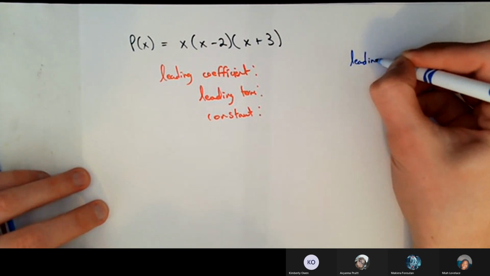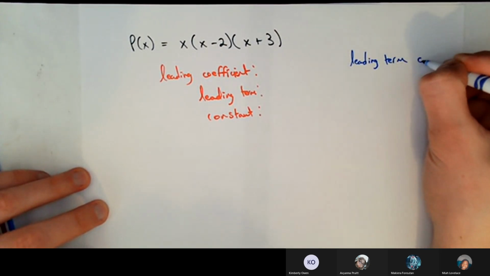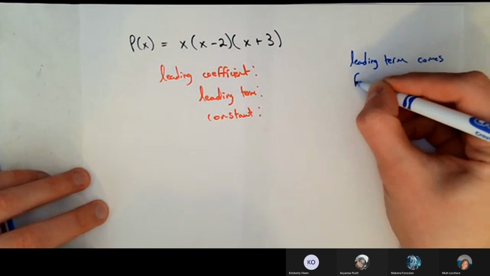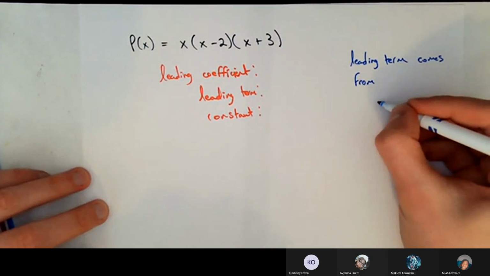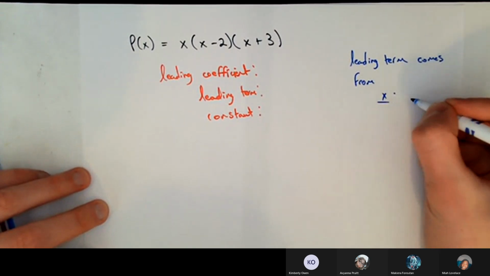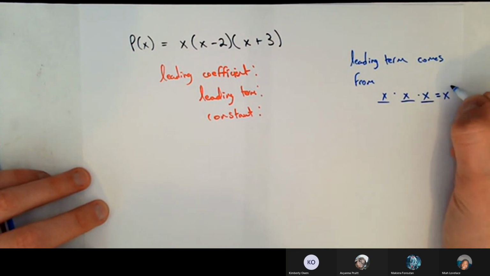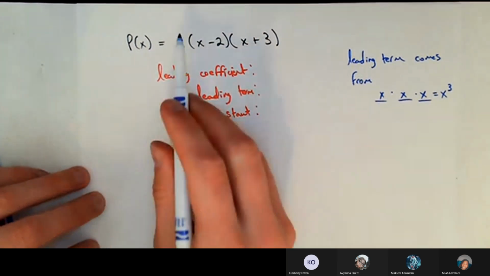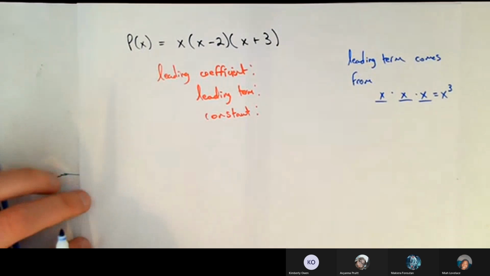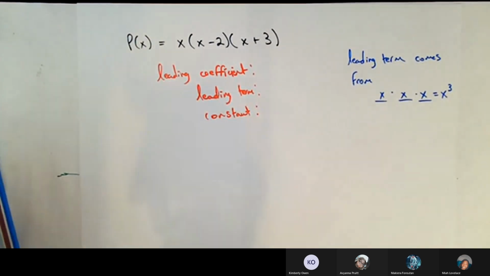So when it's written in this form, the leading term comes from x times x times x, which is x cubed. That's how I get the highest degree term, right? Not any other combination of x's and the -2 or the +3. The way to get the leading term is to multiply all of those x's together.